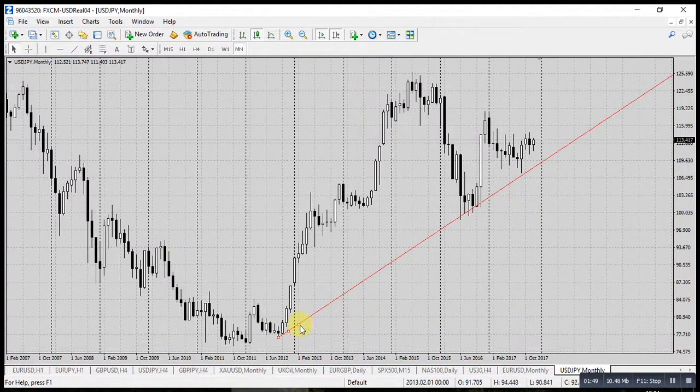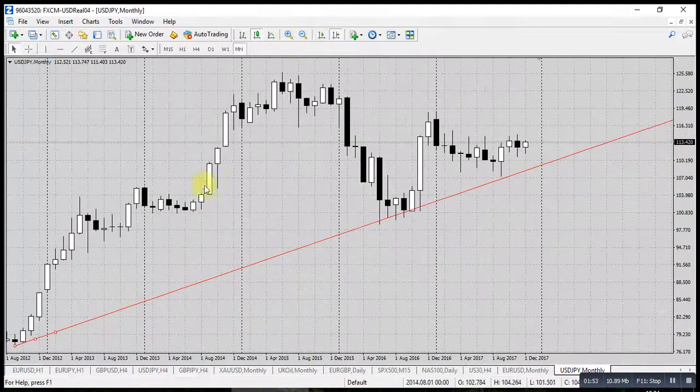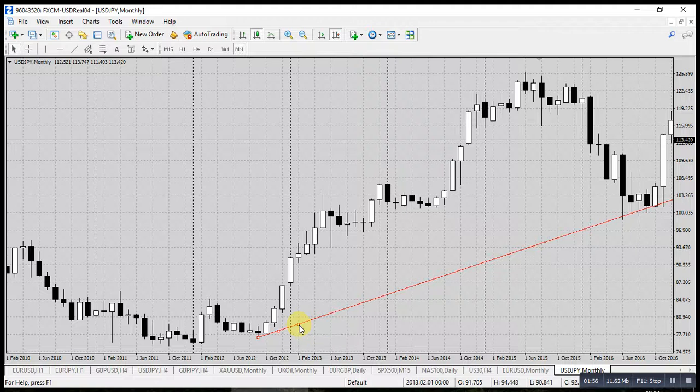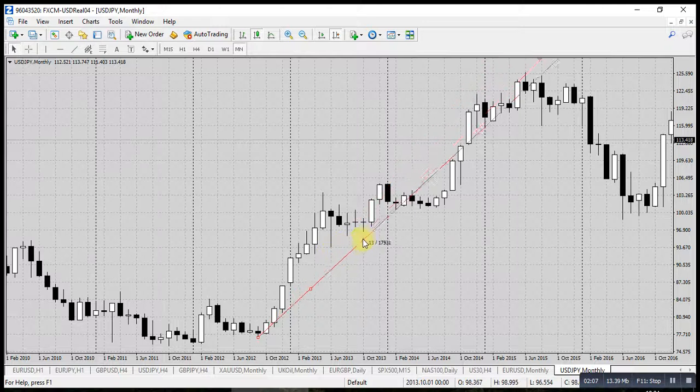What we're looking for, just zooming in a little bit, is we pick up this dot and try to find the next higher low which is not broken. So here you see whatever we put, it's broken, and we stop here.